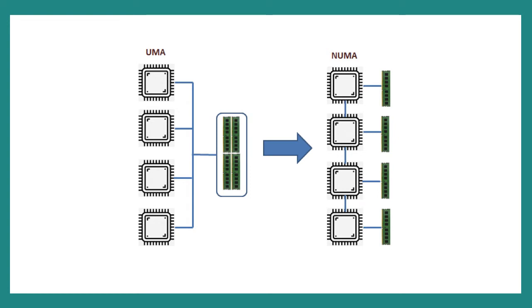Unlike in NUMA, or non-uniform memory access, this is a kind of memory architecture that allows a processor faster access to the memory, because it has no memory controller, unlike the traditional one that still has a memory controller.